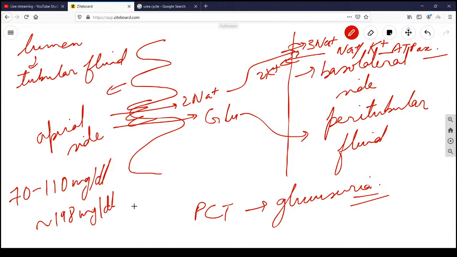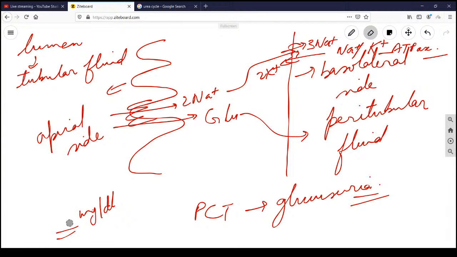That is known as the transport maximum, meaning how much glucose can be absorbed by the kidneys or by this transporter.